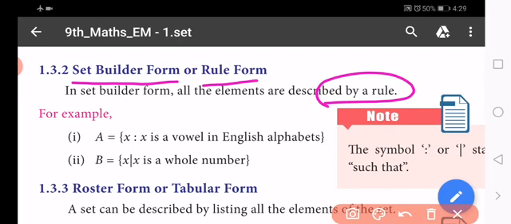So the second method, set builder form, means all the elements are described by a rule.